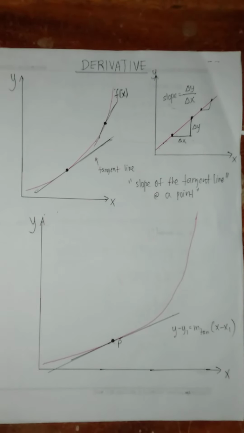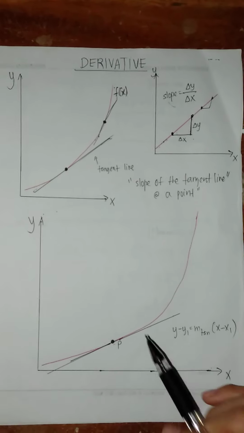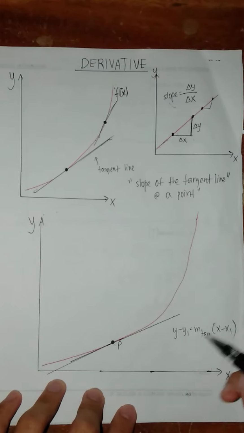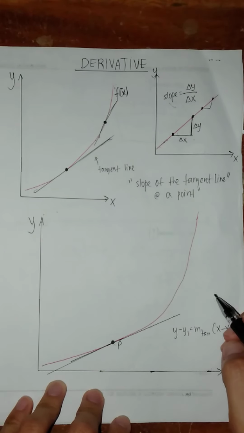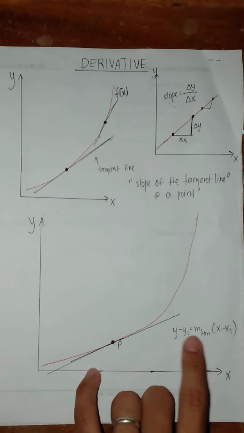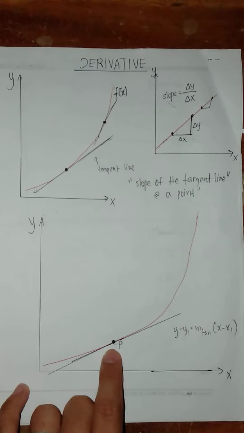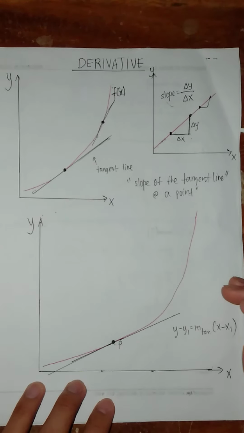Ano yung magiging problema natin dito? What do you think, guys? Magiging problem natin dito ay how many points do you need? You need at least 2 points. Tama? Ilan lang yung point natin, di ba? Isa lang. So, that's why, sabi ni Newton, I have to find another point.